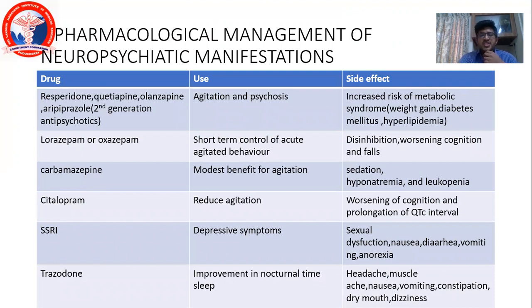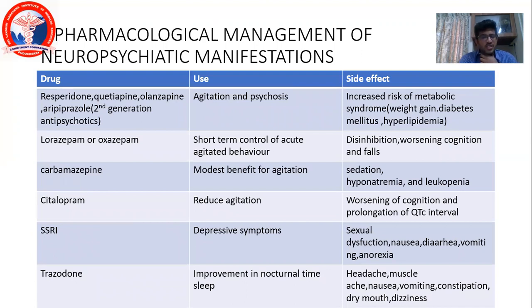The major problem is the disinhibition, so there might be an increase in the aggravation of the patient. Carbamazepine also has a modest benefit in agitation, and the major side effect is sedation, which can also lead to sleep.